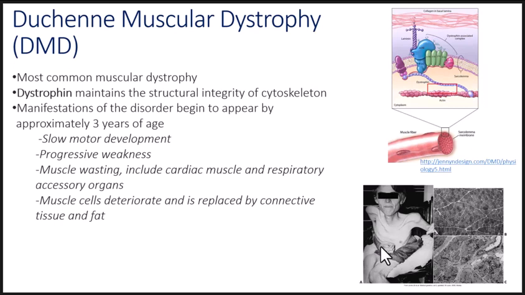In this image here, this is a patient that has late-stage Duchenne muscular dystrophy. You can see severe muscle loss. This here is a transverse section of the gastrocnemius muscle, so the calf, from a normal boy and then one with Duchenne muscular dystrophy. One of the things that is evident here is that the muscle fiber has been replaced by fat and connective tissue, as mentioned earlier.